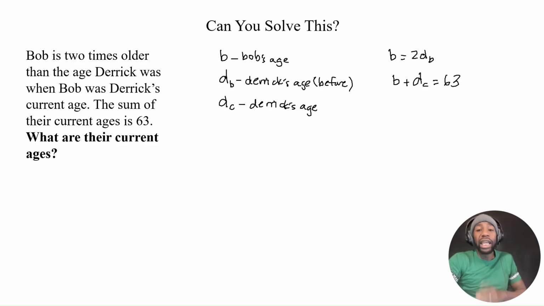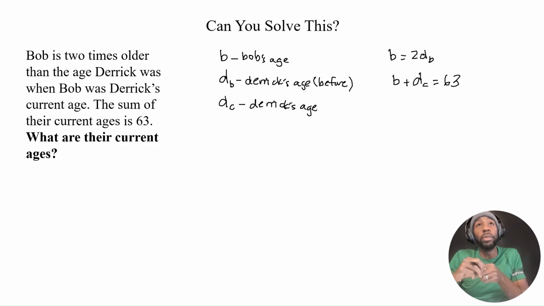Okay. Now, here is the detail that's important to this problem that is implied. So you have to read into it to see it. Even though Bob is now 2 times the age of Derek before, when Bob was Derek's current age, keep in mind that, for example, if you're 30 and your brother is 32, when you were 0, he was 2.